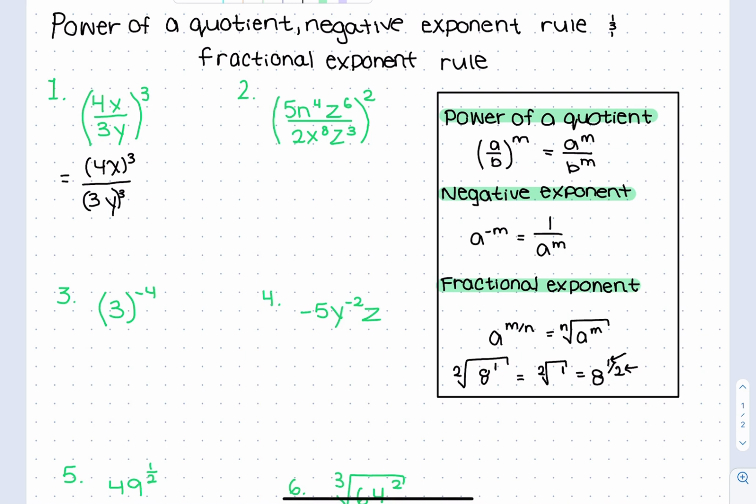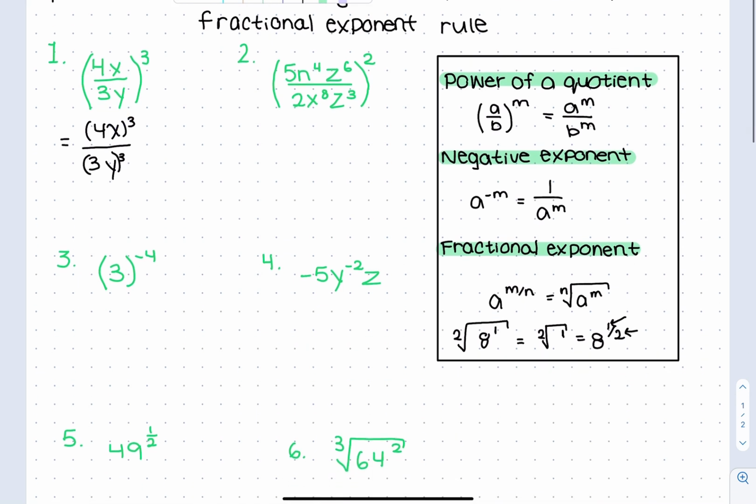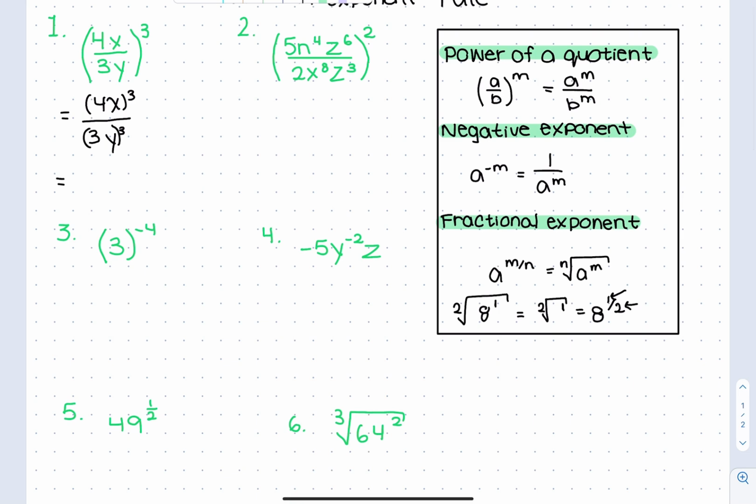What's really important is we put it outside of those brackets because technically we still have to apply that 3 to the 4 and that 3 to the x. If we wanted to keep solving it, you would have to do 4 cubed x cubed over 3 cubed y cubed. Those 4 cubed and 3 cubed would just be numbers, and you'd leave the x and the y to the cubed.